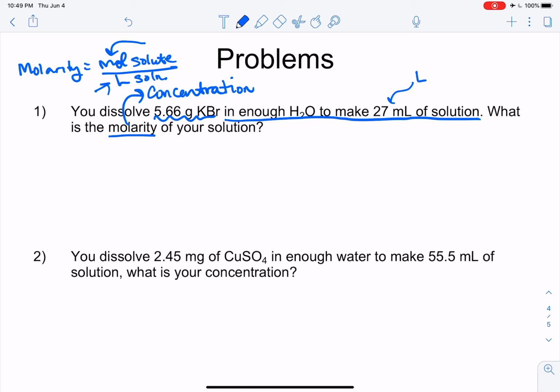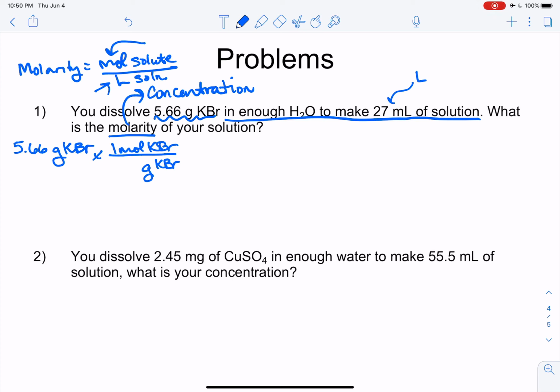So we'll go and remember, we're going to let our units guide us, and we want to get rid of grams, and we want to go where? We want to go to moles. And if you're relating moles to grams or grams to moles, you're using what kind of conversion factor?